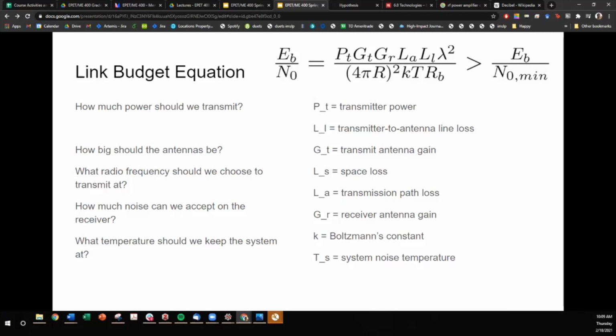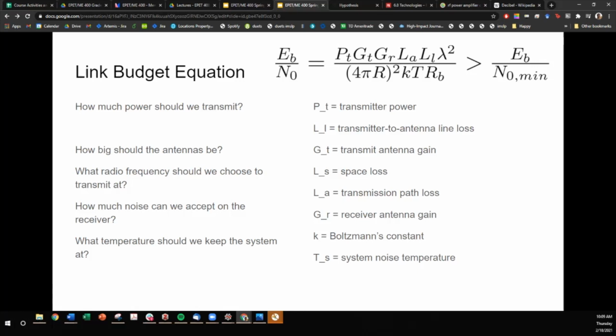Another thing is transmission path loss, which is over here. The way that this affects the design is different radio frequencies have different attenuations across the atmosphere. So that's how you would embed that amount of attenuation into this link budget equation.